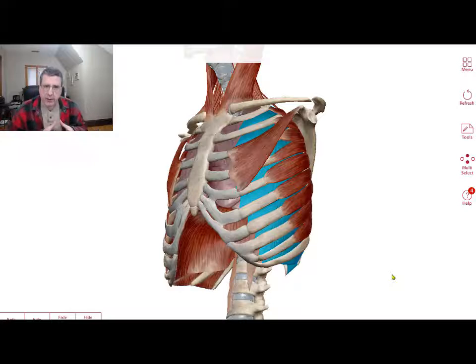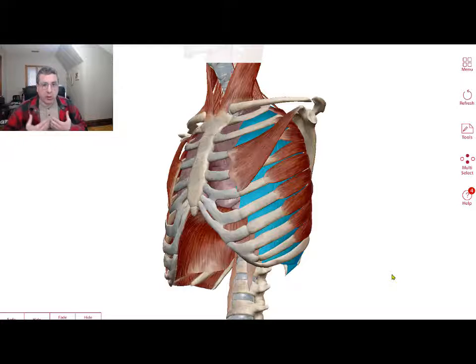Now that's quiet breathing. Forced inspiration is if I tell you to take a deep breath, okay? This can be associated with coughing. But forced inspiration, if I tell you to take a deep breath, you have to incorporate accessory muscles.